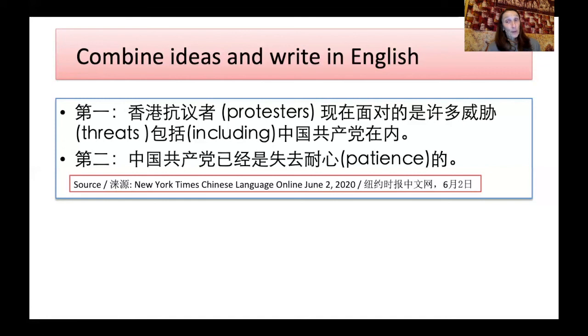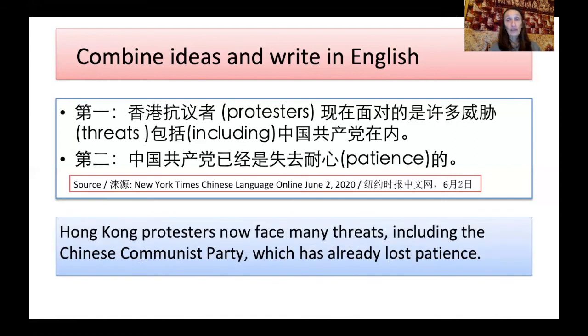All right. Maybe you paused and tried to do it. Maybe you didn't. This is the two sentences together in English. Hong Kong protesters now face many threats, including the Chinese Communist Party, which has already lost patience.